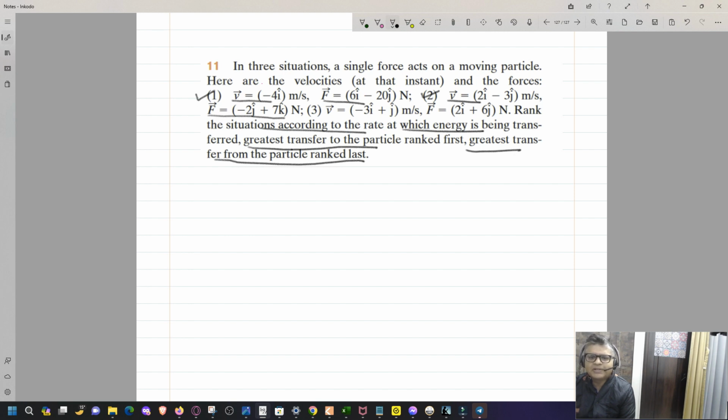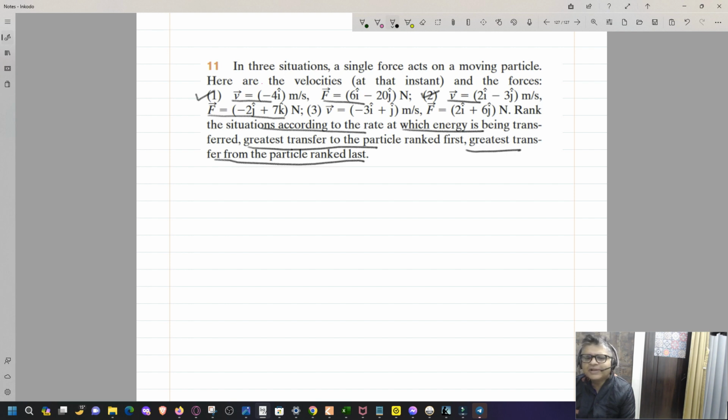This could go up in the form of its increased kinetic energy. And the body may lose energy. For example, in the case of friction, the body tends to lose energy because the frictional force opposes the velocity. So let's discuss this one by one and see what's happening.